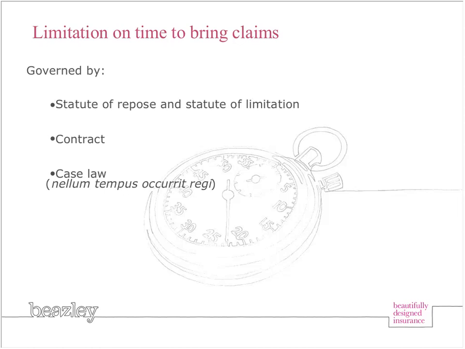Contracts may also have language saying that the plaintiff can bring a claim, quote, as long as the contract is in effect. That can be problematic. Let's say you have a master contract that renews automatically. Arguably, that would extend the time as long as that contract is being renewed.